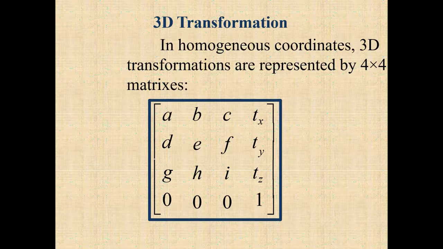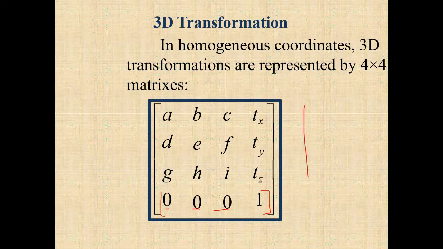As I said, if you add the homogeneous coordinate in 3D, everything else will remain the same, but the last part is going to have this one value. So whenever it is 4 cross 4, all of the rest of the values in the last row will be 0 0 0.